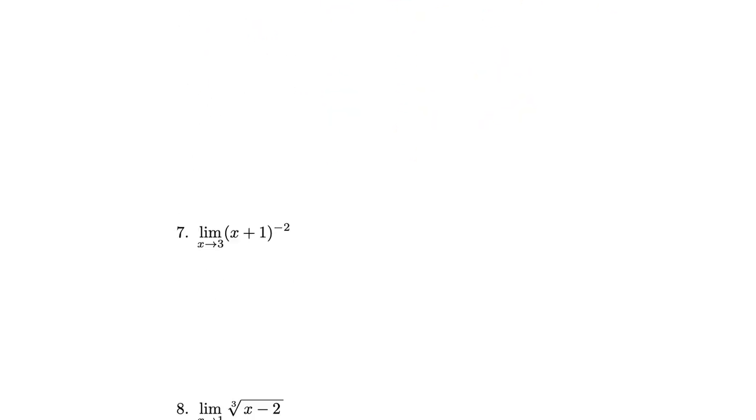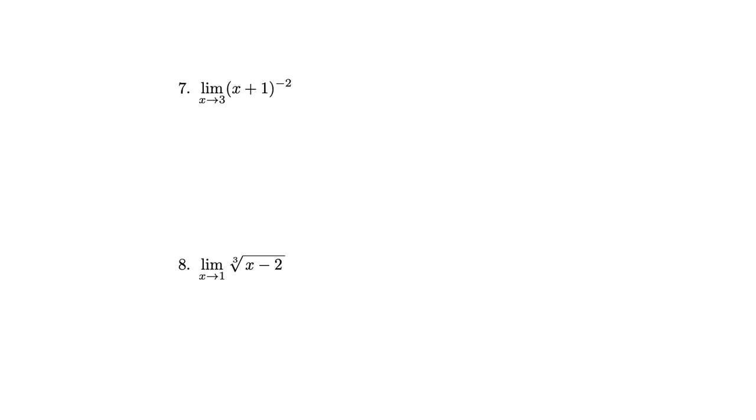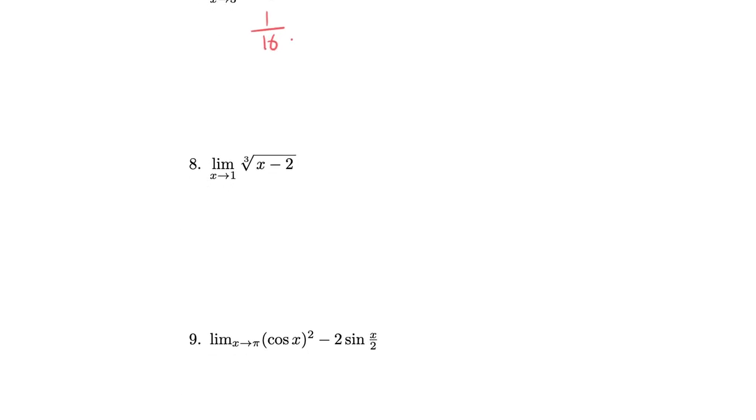Okay, here we can still keep substituting. So you just plug x equals 3 in. This would give you 1 over 16. Here you can plug in x equals 1, this would get negative 1. Just as an example, I'm going to show you how to distribute the limit in. So here what we could rewrite this as is x minus 2 to the 1/3.